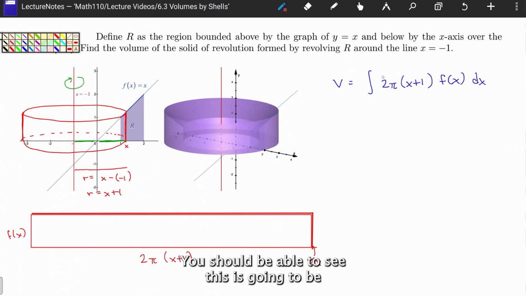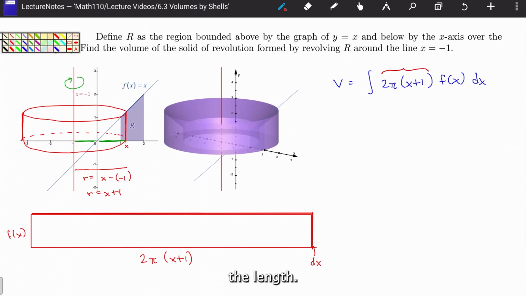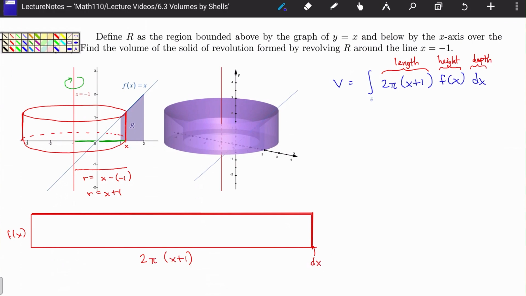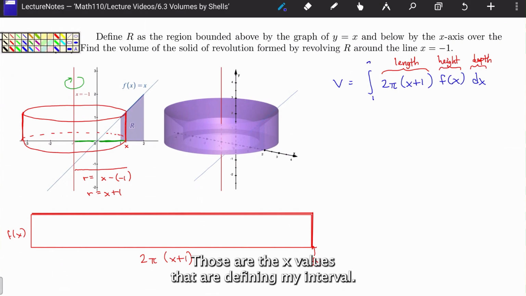You should be able to see this is going to be the length times the height times the depth of that rectangular slab. Okay, my x values that I'm integrating over are going to go from 1 to 2. Those are the x values that are defining my interval, my region.